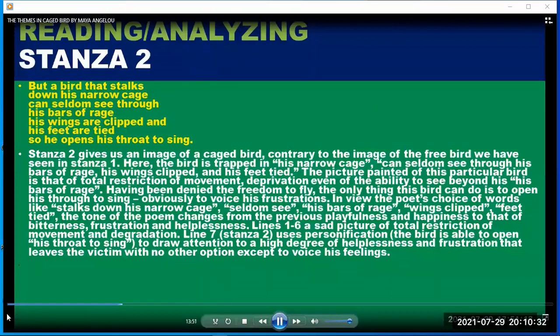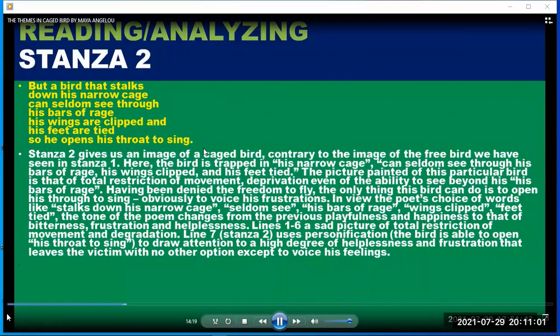And then if we look at stanza 2, of course, it gives us insight into what this is all about. All right. If you look for my video, the first video I uploaded concerning this particular poem, you will find detailed analysis stanza by stanza.